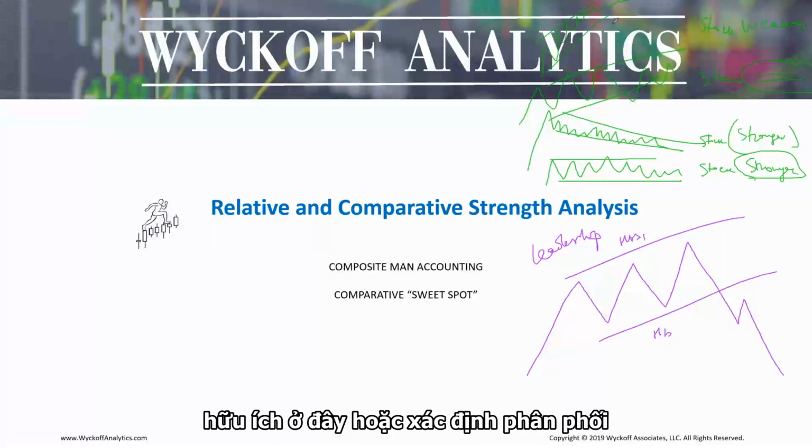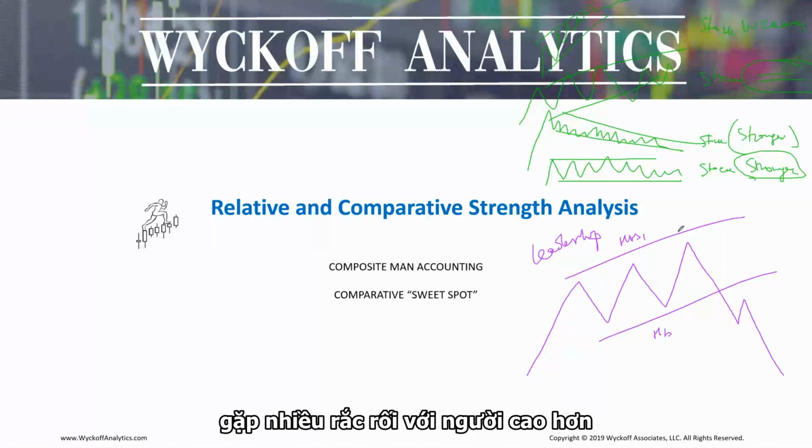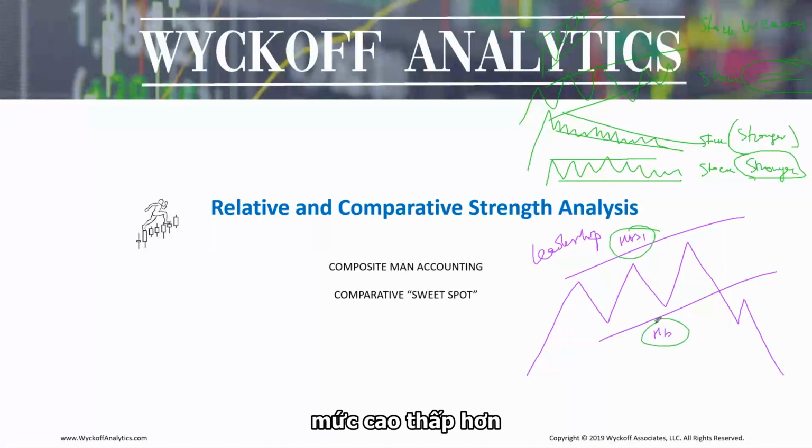Whether comparative analysis is going to be useful here defining the distribution, because usually you're going to be having a lot of troubles with the higher highs, higher lows in the distribution. It's going to look like a reaccumulation.